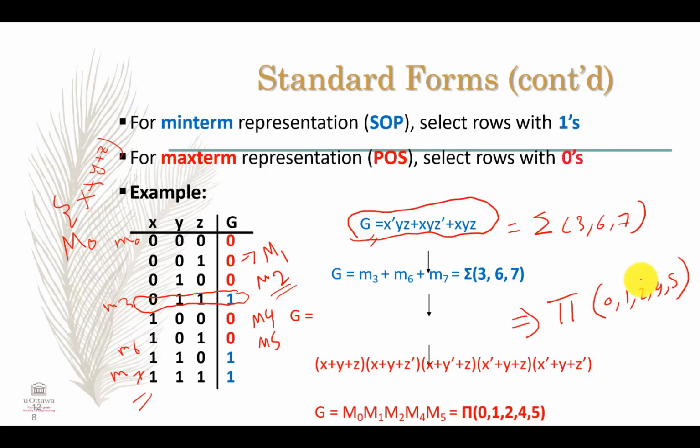As you can see, guys, the max term will be the opposite of the min term, because for the min term we were looking for 3, 6, and 7, and the remaining ones will for sure represent the max term.